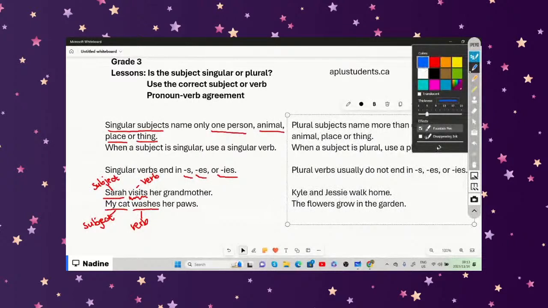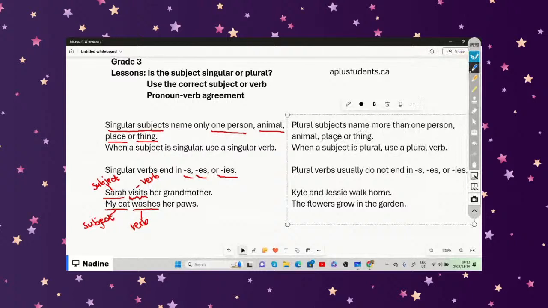Now we have our plural subject. A plural subject refers to more than one person, animal, place, or thing.